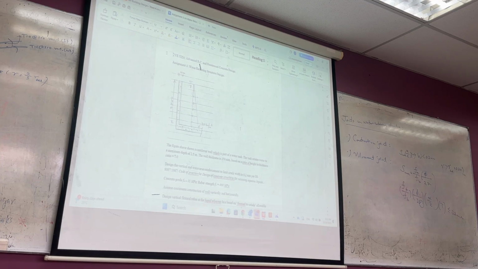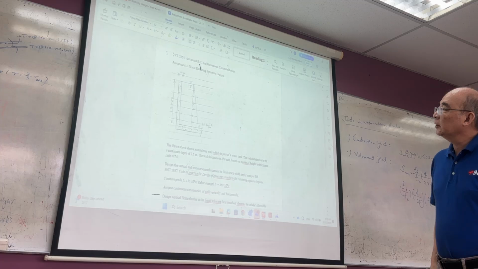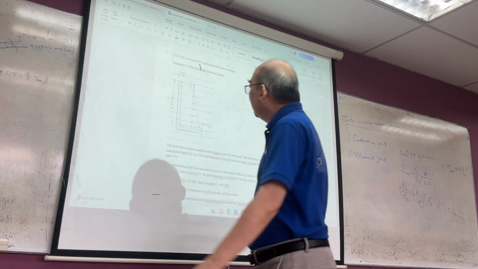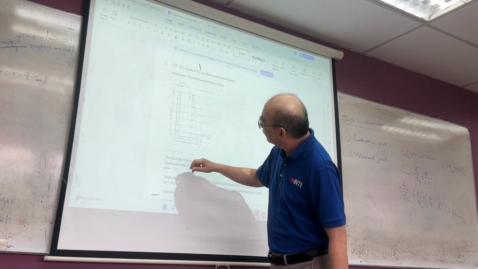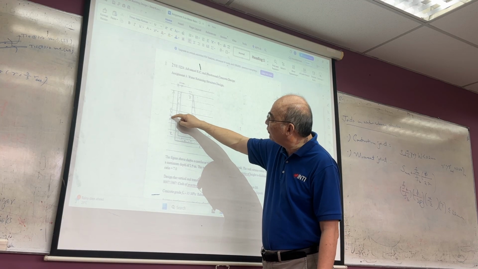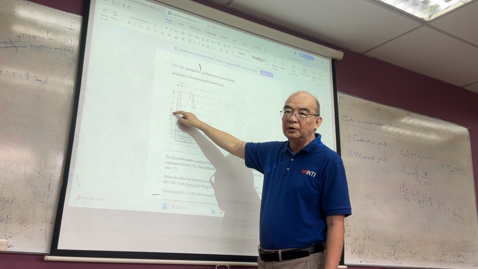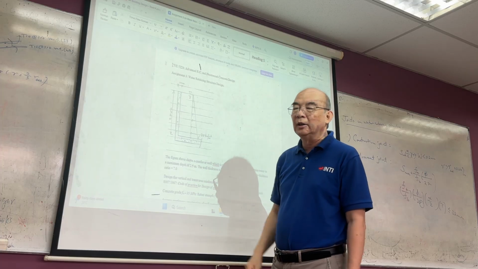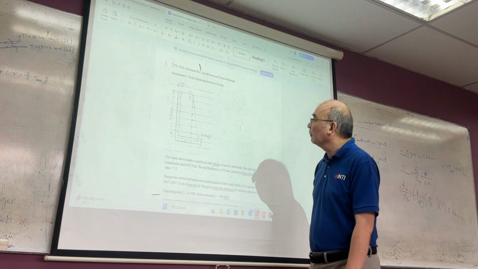The assignment is water tank structural design. This height here is 2500, that means 2.5 meters. So actually quite short.